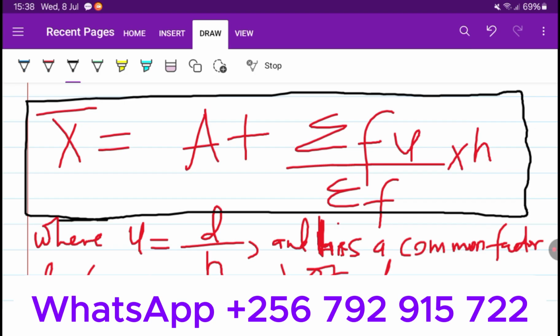So this letter U represents D over H, and our H is a common factor of D. So we are still going to use the same question that we have used to get the assumed mean, and we want to make sure that we use this method and we'll be able to get the same result.